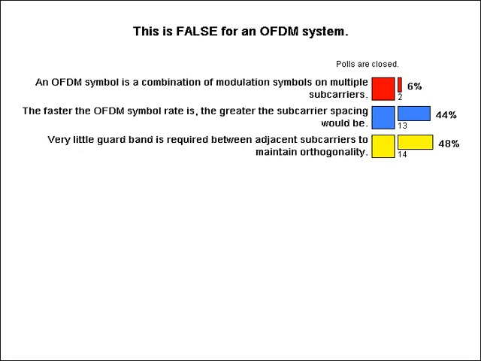The first one says an OFDM symbol is a combination of modulation symbols on multiple subcarriers. That is a correct statement. That is the definition. An OFDM symbol is nothing but all modulation symbols on all subcarriers, because one subcarrier carries one modulation symbol, another subcarrier another modulation symbol.